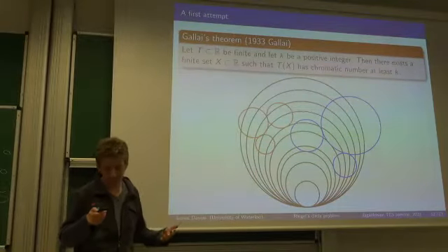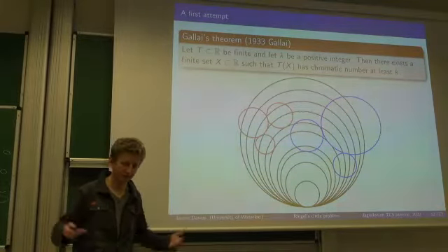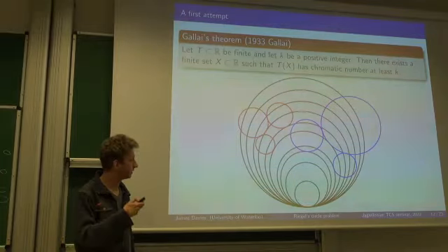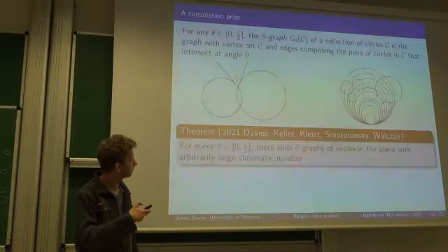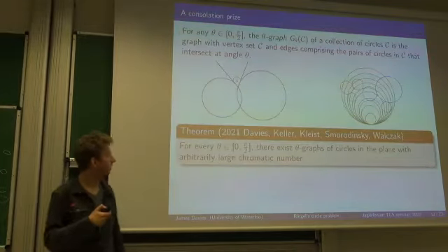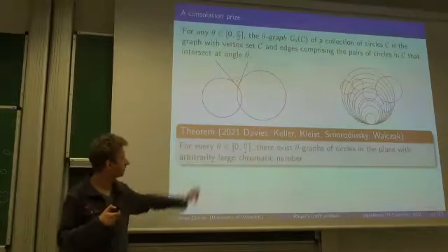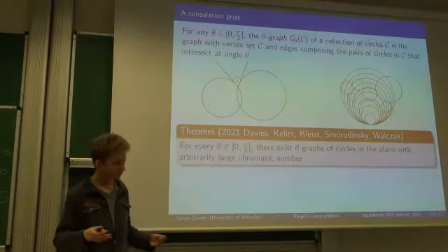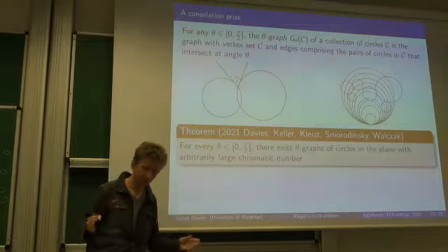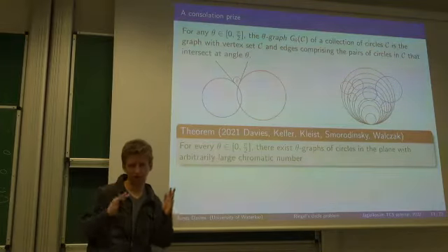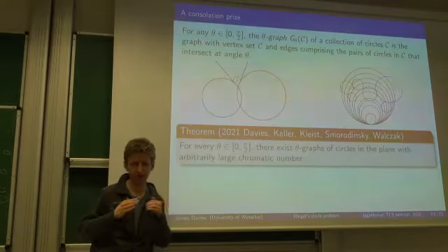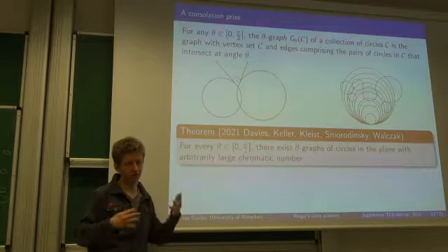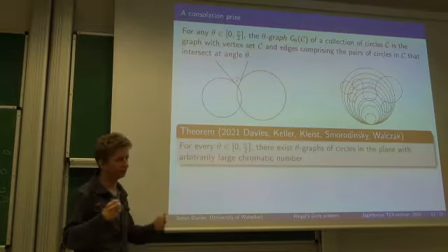But this proof can still give you some things as a kind of consolation prize. So we get this result for every theta except for 0. If instead of defining adjacency between tangent circles, so you can imagine circles intersecting at an angle of 0, you pick some other angle theta, then this proof will work.